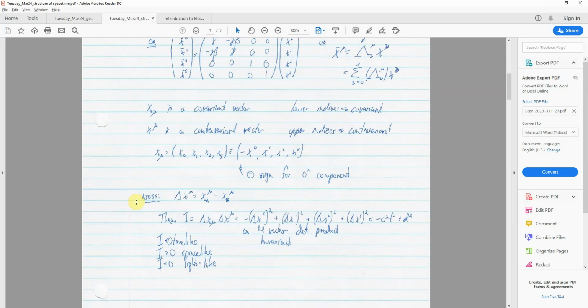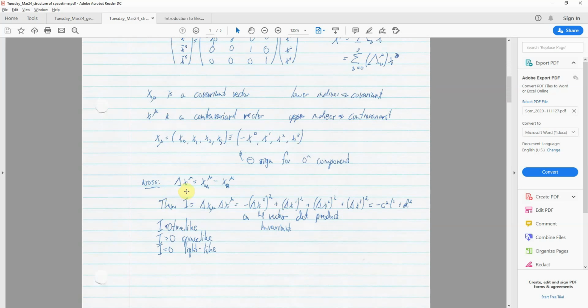The reason for that, we'll discuss in the next bit, is when we want to multiply these two vectors together, so we have this delta x with this mu index, which will be x_a minus x_b, and we multiply these two vectors together to give us this unit vector.